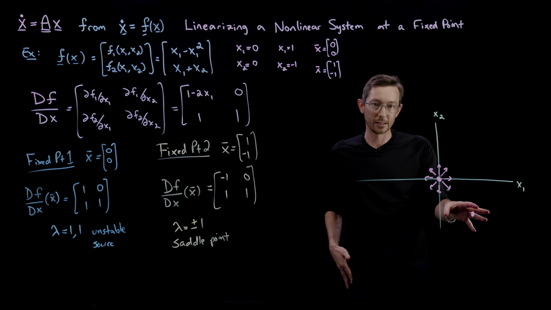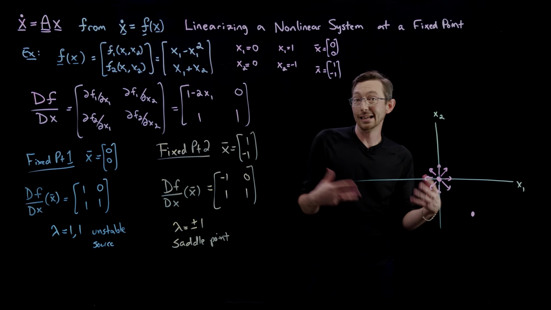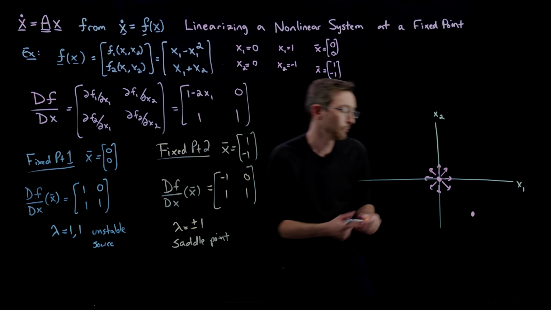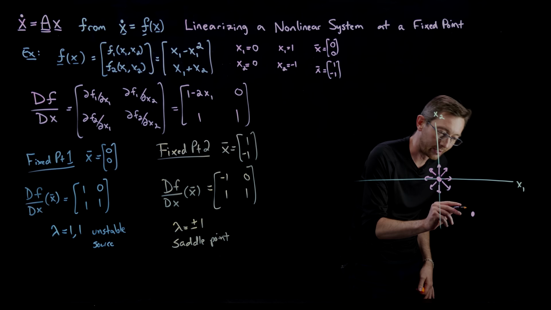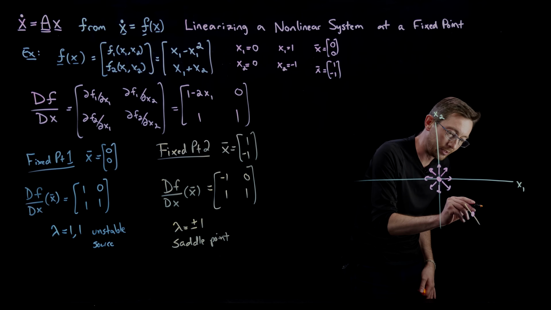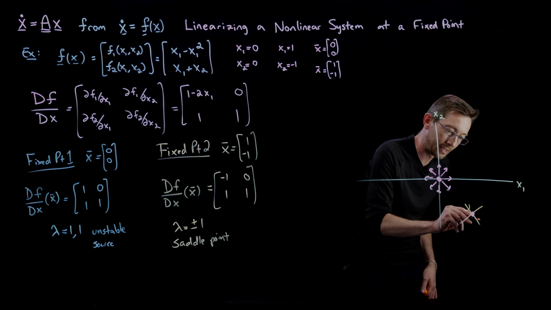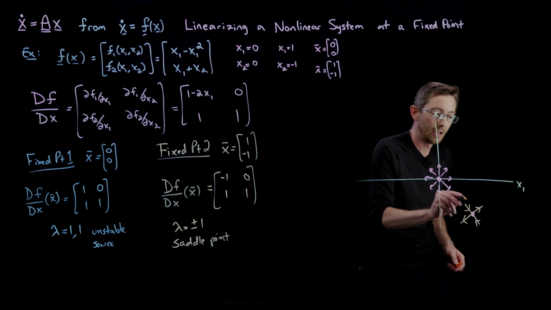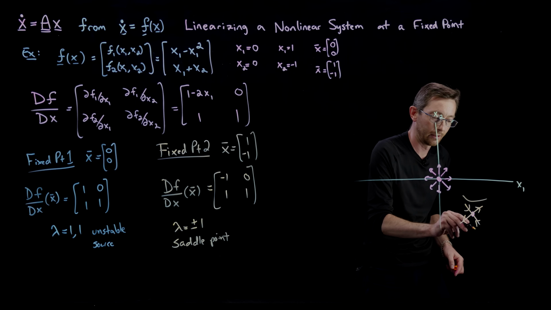And this point is going to be a saddle point, okay? I don't know what directions are going to be stable and unstable, but it probably has something like this, where these are locally stable and these are locally unstable, and things go in this orientation. I hope I drew this right.